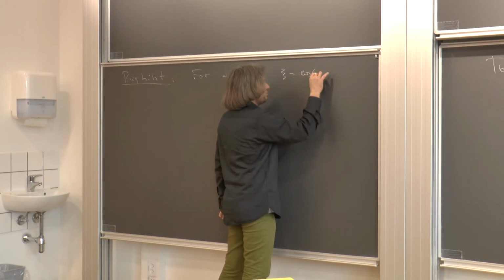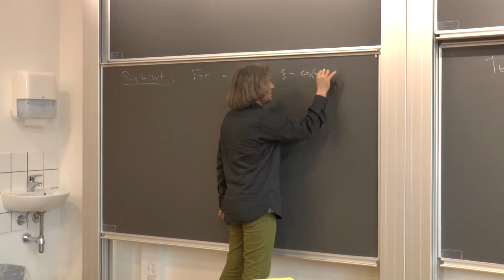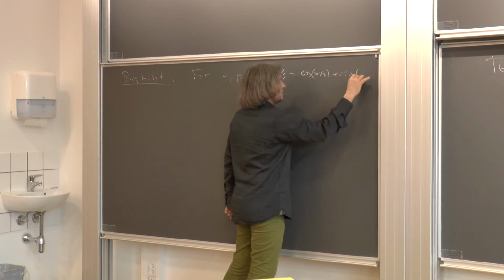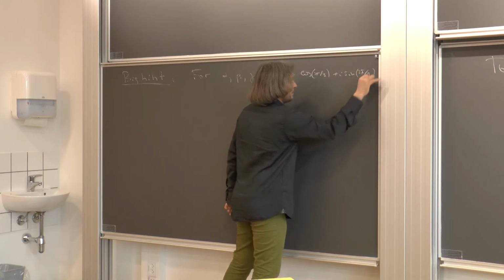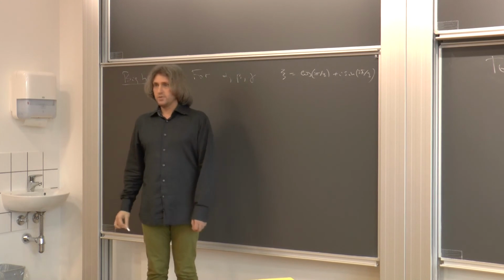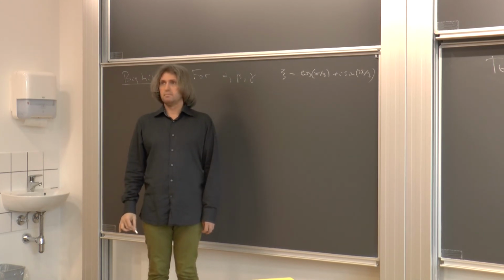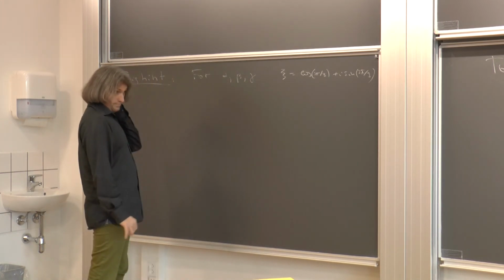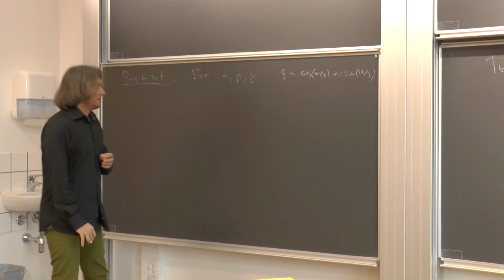Cosine of 2 pi over 3 plus i sine 2 pi over 3. So this is the primitive third root of 1. So this is one hint.